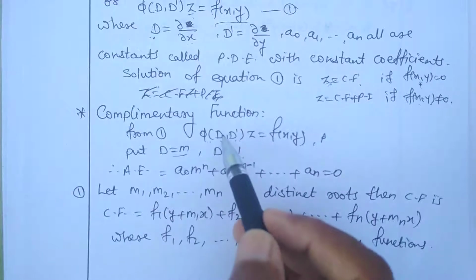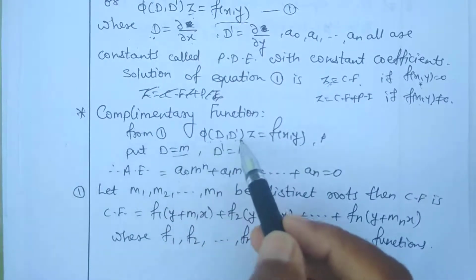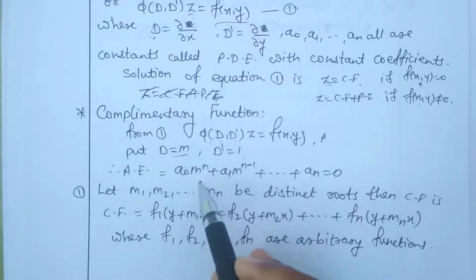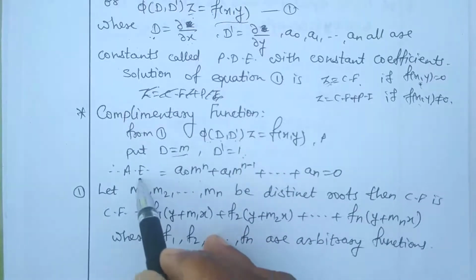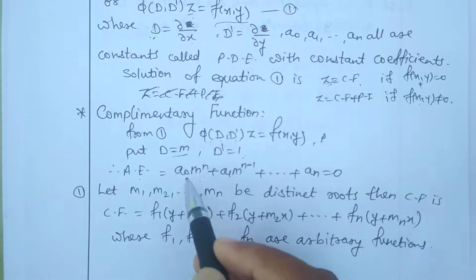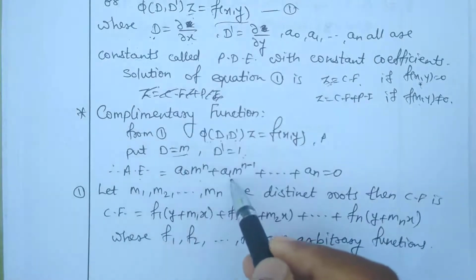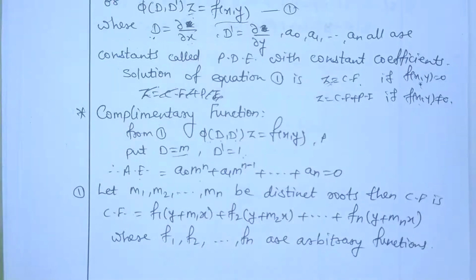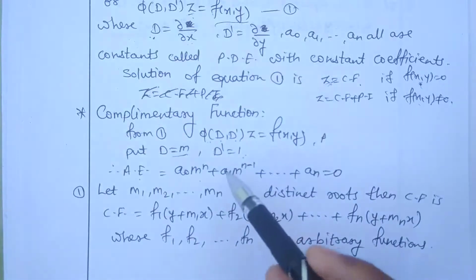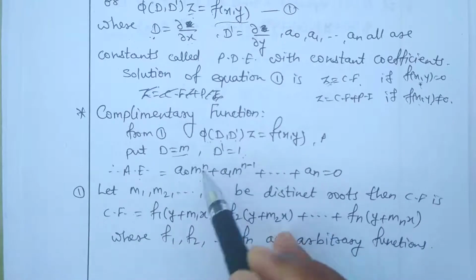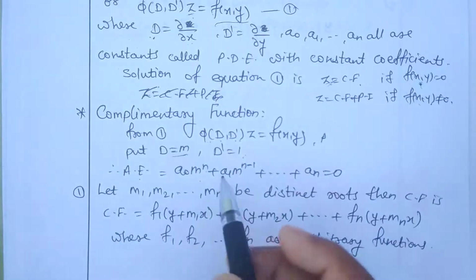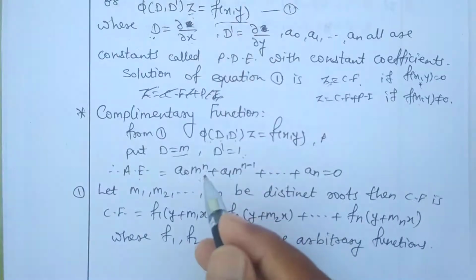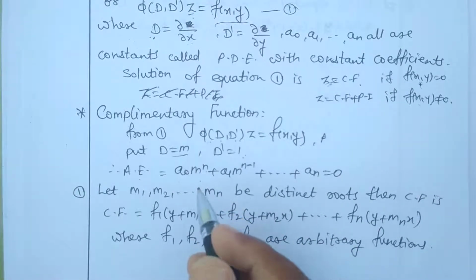When you put D equal to m and D' equal to 1, you will get an equation in terms of m called the auxiliary equation. So the auxiliary equation is a0 m^n + a1 m^(n-1) + ... + an = 0. This equation has highest power n, so this equation has n number of roots. Depending on the roots, we have to write the CF.